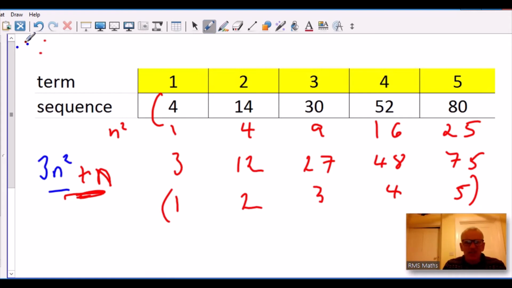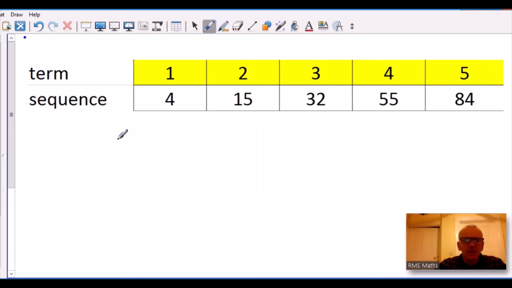Again, let's try a slightly trickier one to give you the idea. Here's another one. This is the one I brought up at the beginning. Obviously, we cheated a little bit because I told you it was quadratic to begin with. But if I look at the differences, I will find that the second difference is 6. So I know on this one it's 3n squared.